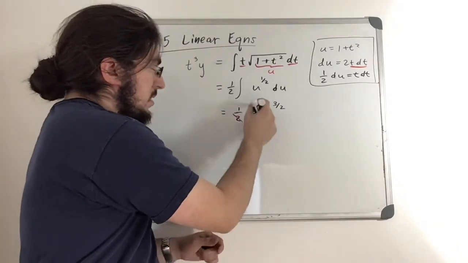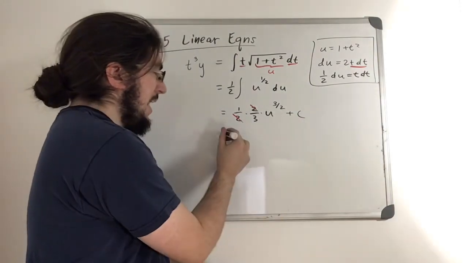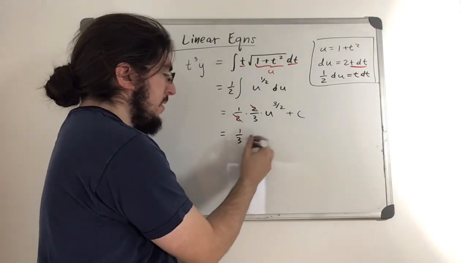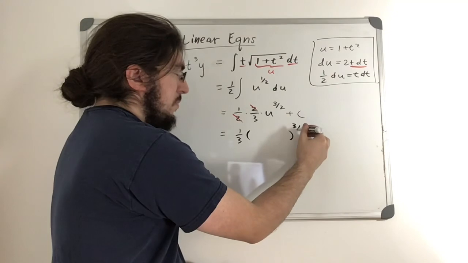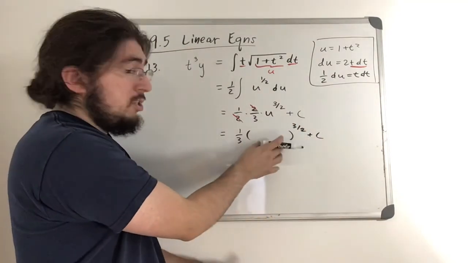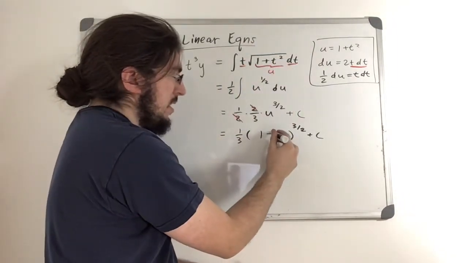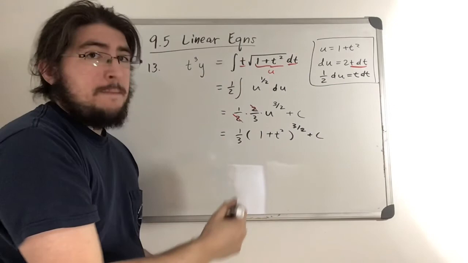I'm, of course, missing plus c, so don't forget that. Now that we have 1/3 u to the 3/2 plus c, we need to use our u sub again to substitute back in terms of our original variable, t. u was 1 plus t squared, so that's what we got.